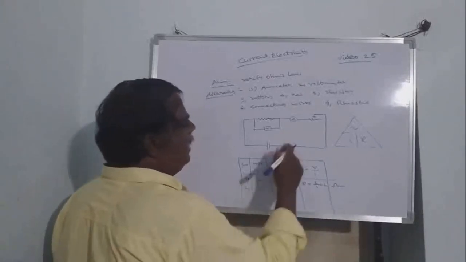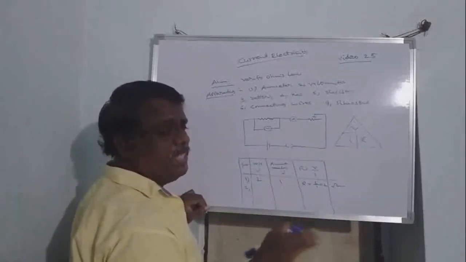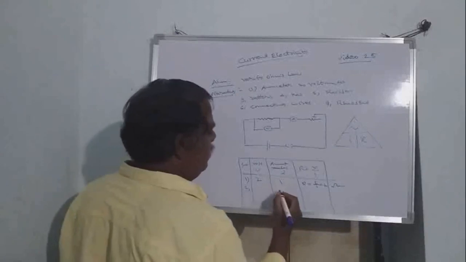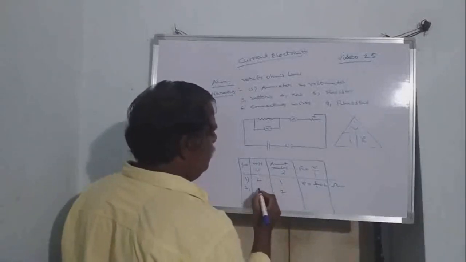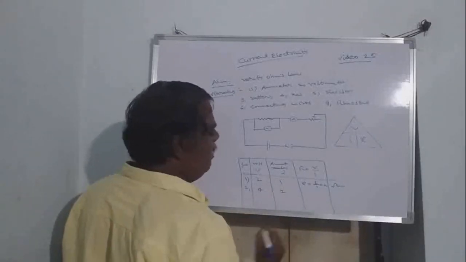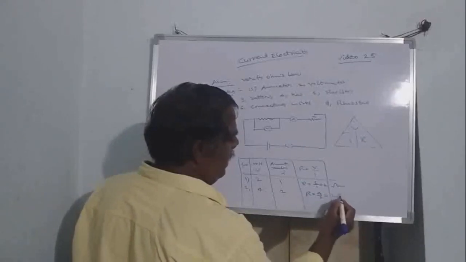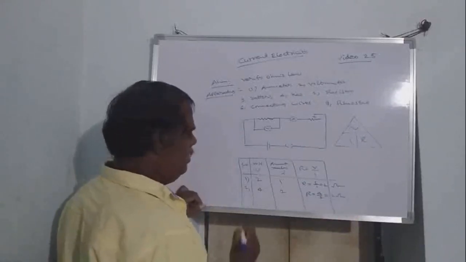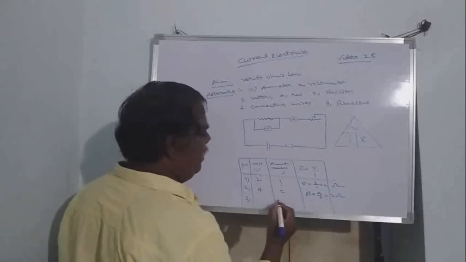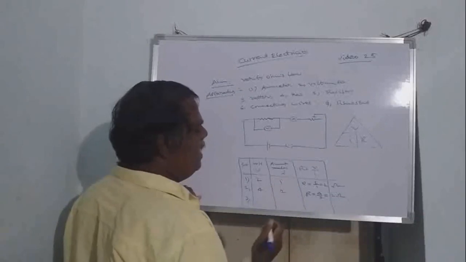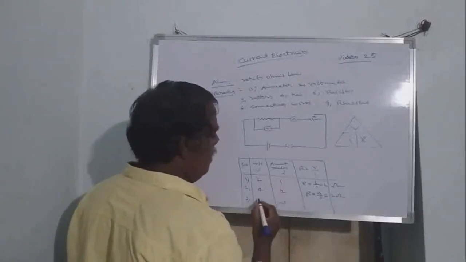Next, repeat the experiment by adjusting the rheostat. Current will be 2 amps, voltmeter reading will be 4. Then R = 4/2, again 2 ohms. In the third situation, adjust the rheostat and increase the current to 3 amps.